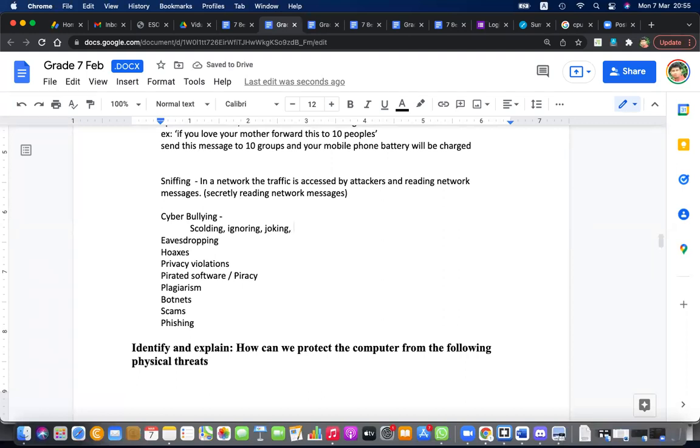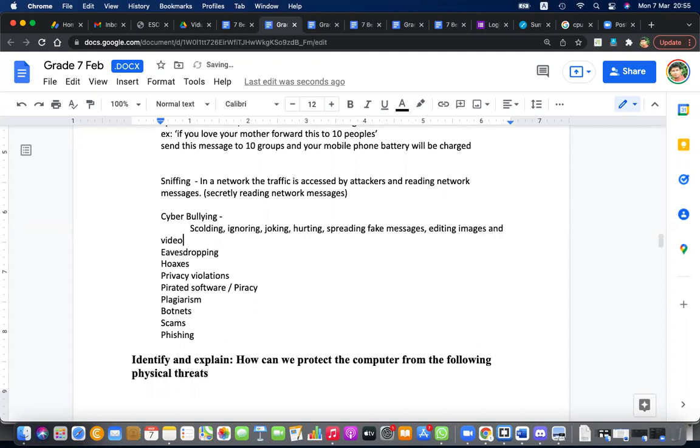or it can be kind of hurting, spreading fake messages, editing images and videos, using computers or computing tools.